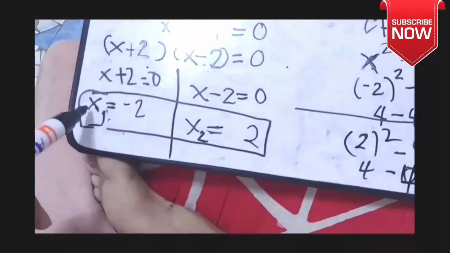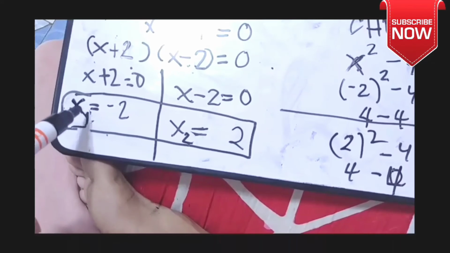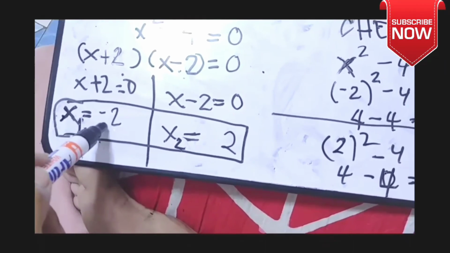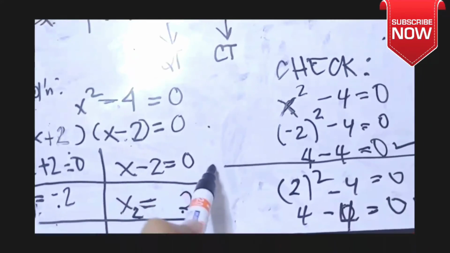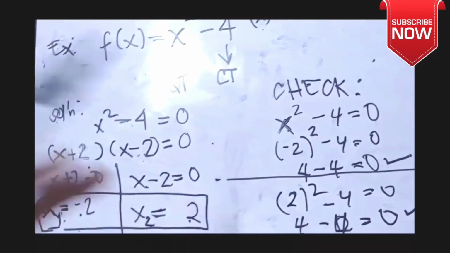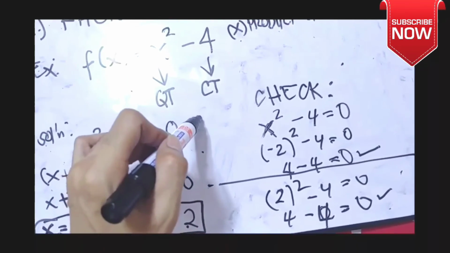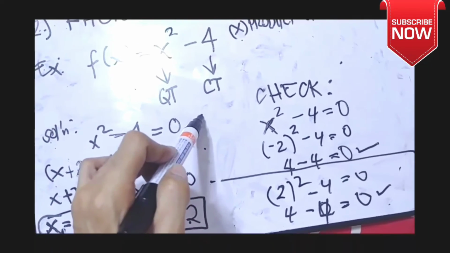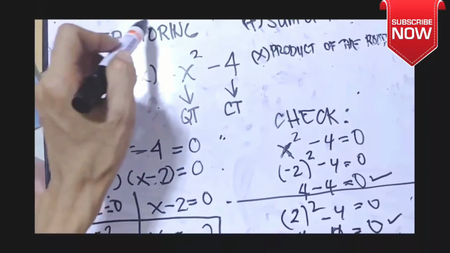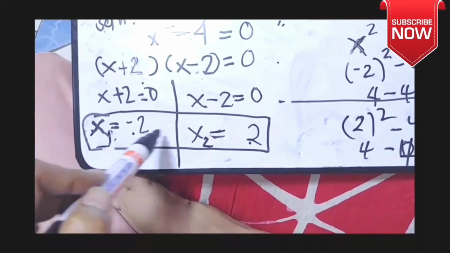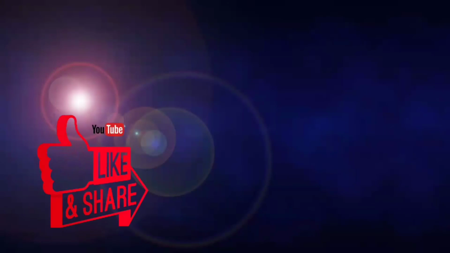Therefore, the value of x which is negative 2 and 2, that is absolutely 100% correct. So, ibig sabihin, naipalabas natin sa first method na extracting the square at second method na factoring, isa lang yung value na negative 2 and positive 2.